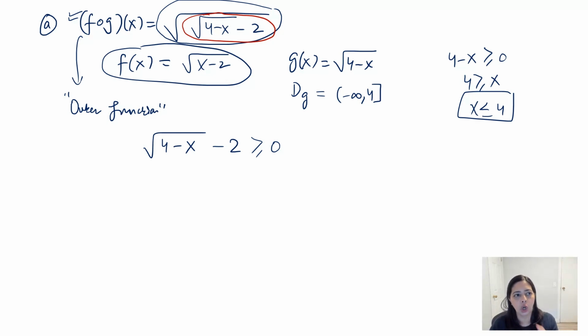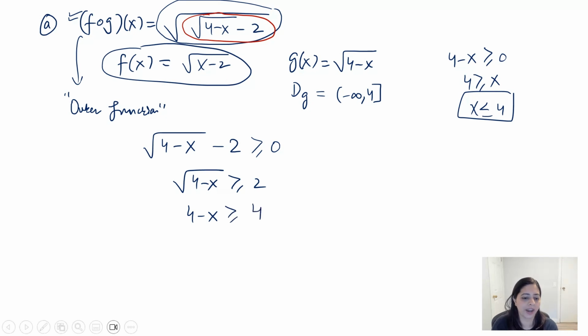This is where your knowledge of solving inequalities comes into practice, and it will help you find the domain. When you try to solve this inequality, you square it, because to get rid of the square root, you square both sides.